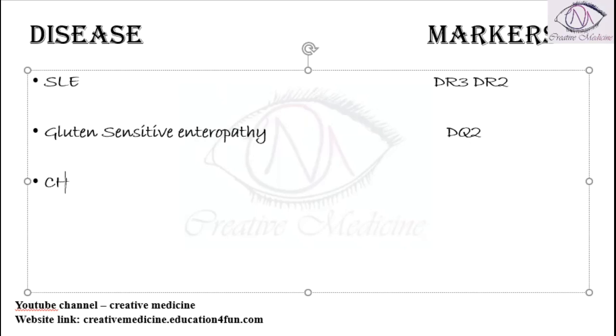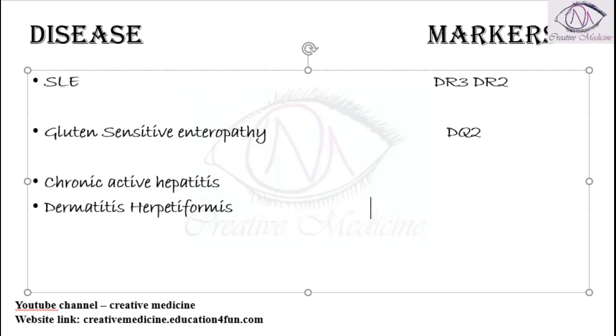Then we have chronic active hepatitis. The marker for chronic active hepatitis and dermatitis herpetiformis is only DR3.